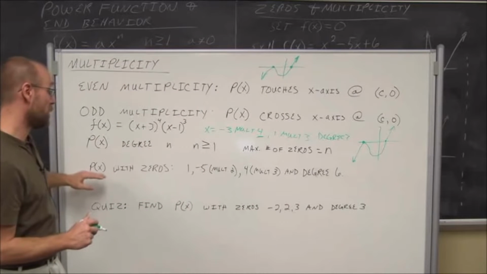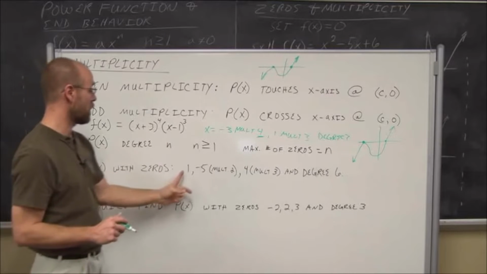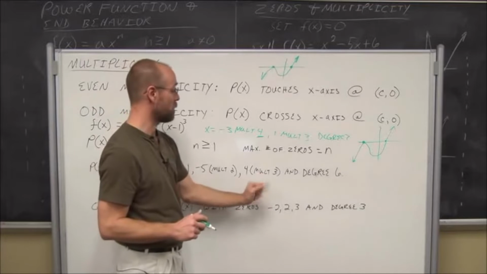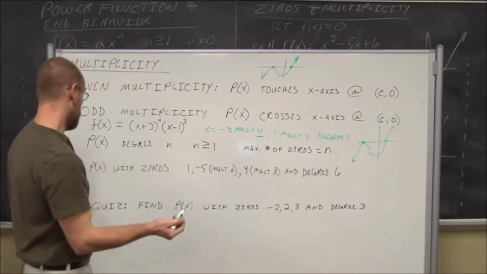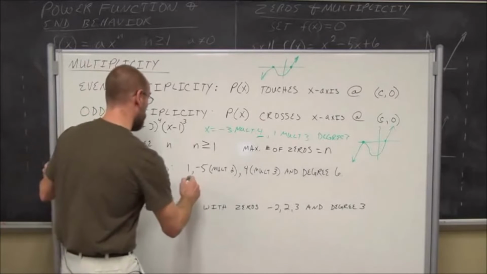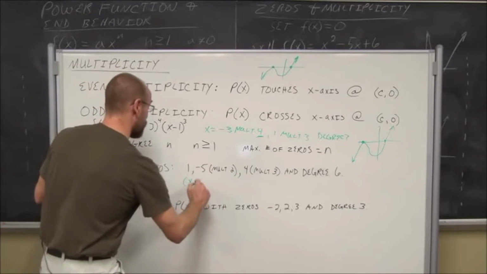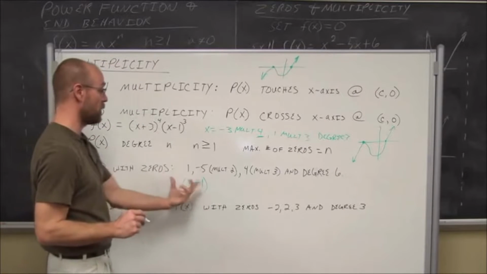All right, let's look at this one here. It says, a p of x with zeros of 1, negative 5 with multiplicity 2, 4 with multiplicity 3, and degree 6. So if we do this one, let's write this polynomial out.